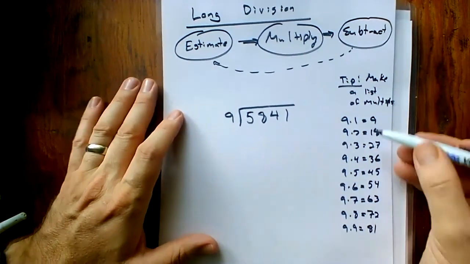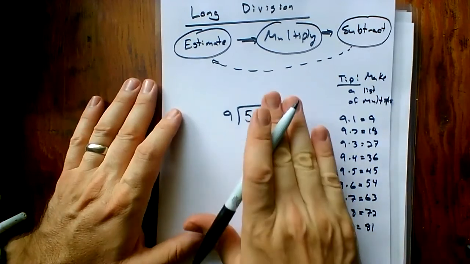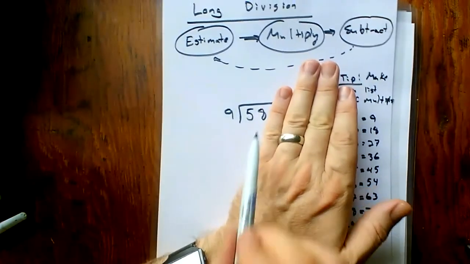You're only going to need to go up to 9 because I can't put 2 digits in one place value.